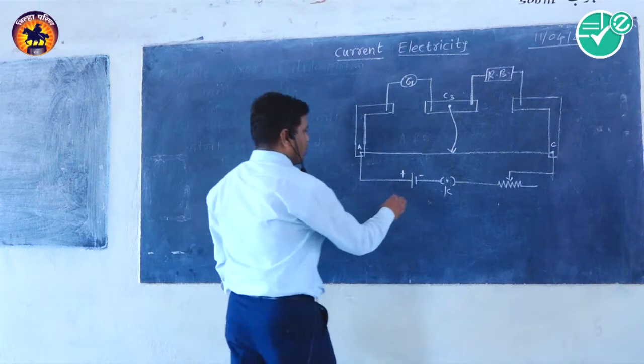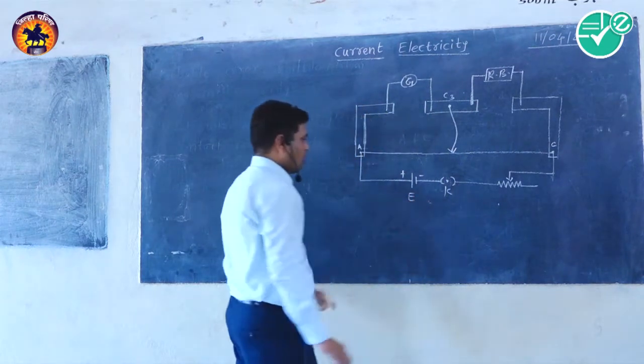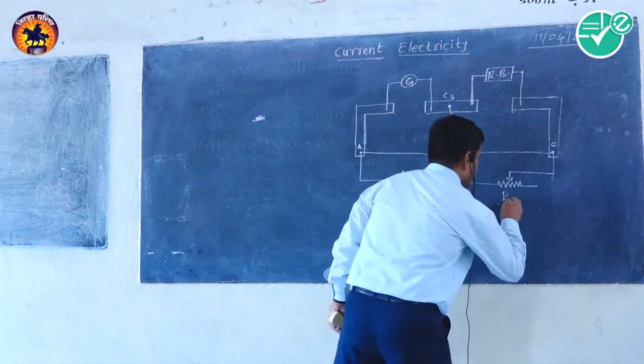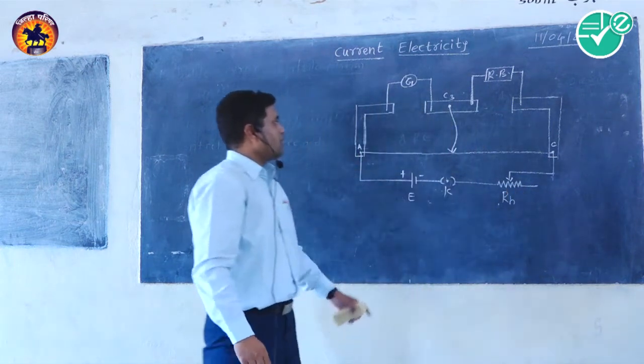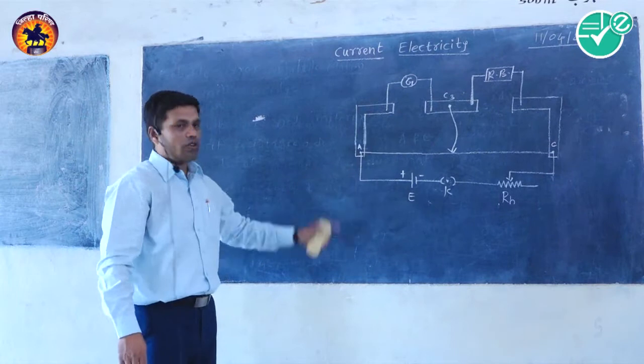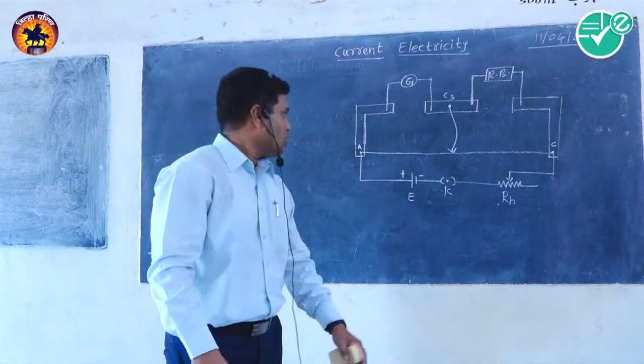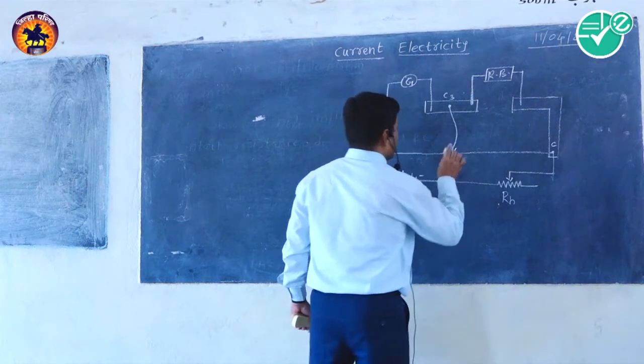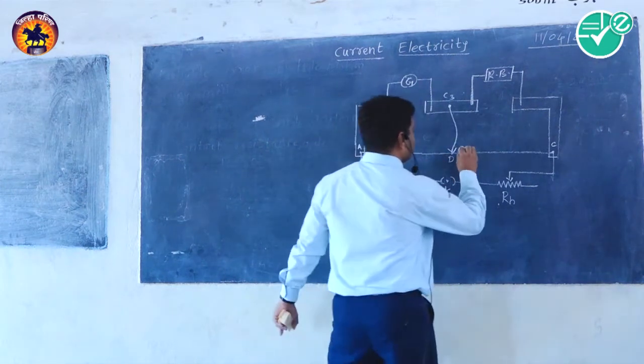It is a cell having EMF E, it is a rheostat RH, and this is the circuit arrangement for Kelvin's method. Suppose this point is D and it is a jockey.